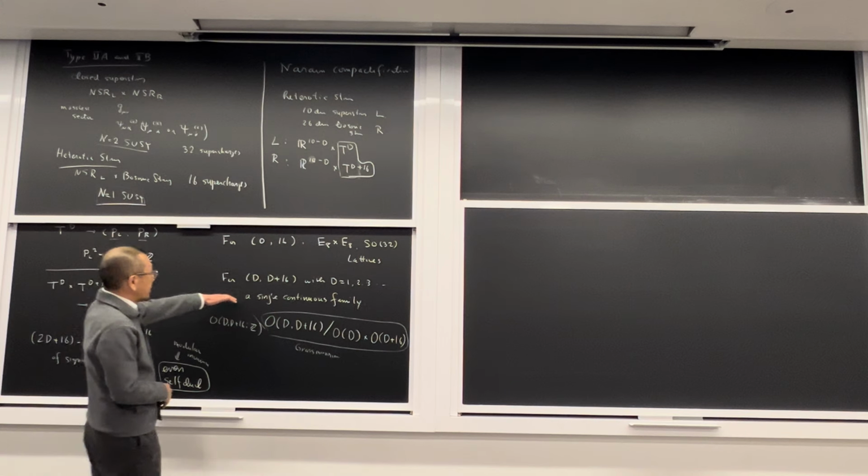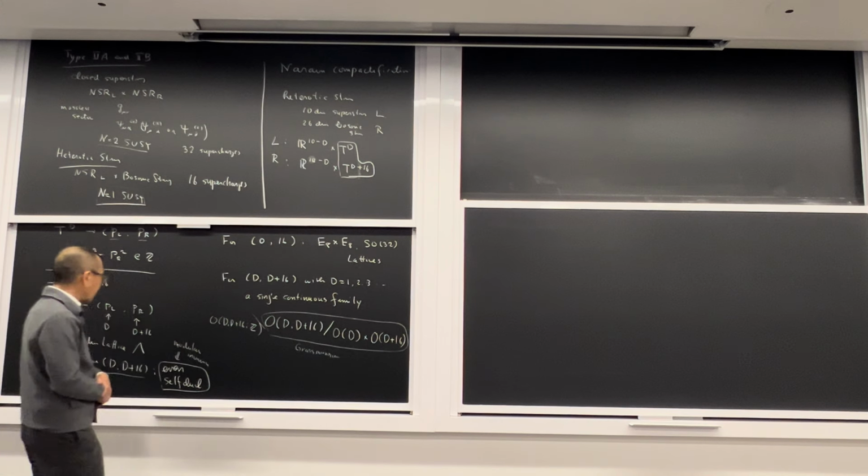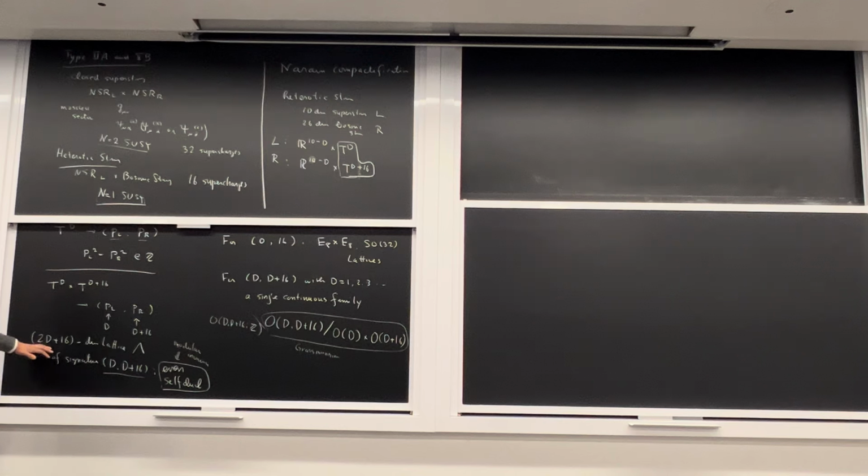And that is the same as the family of all possible self-dual even lattices in this dimension with this signature, which classifies all possible heterotic string solutions of this type.